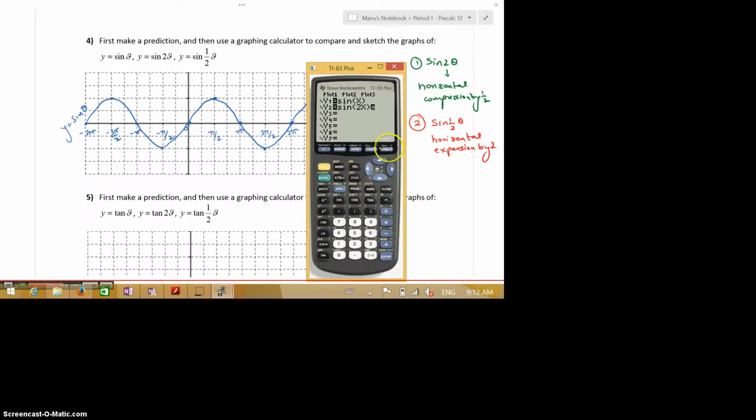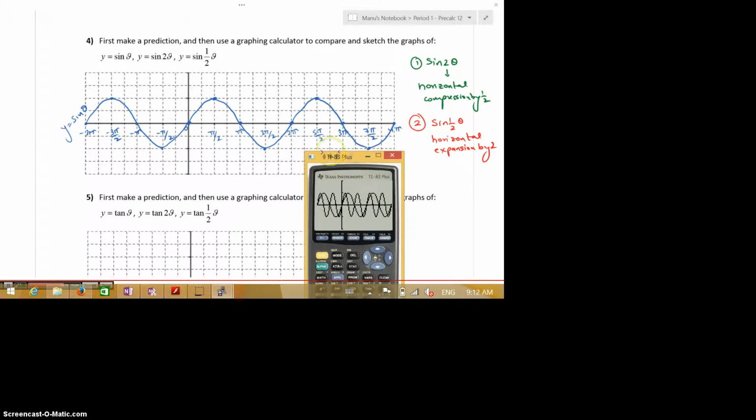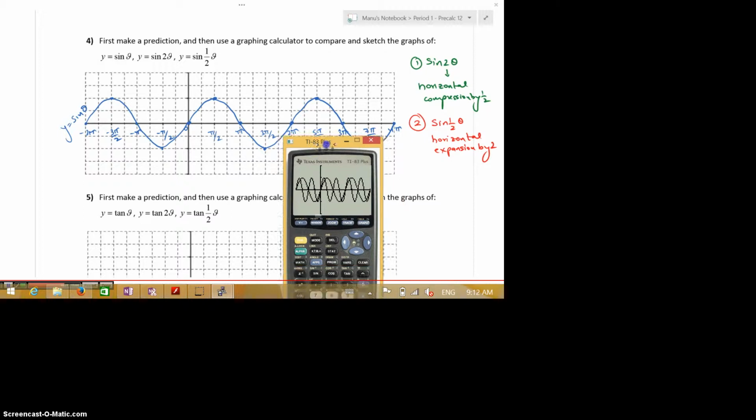Let's see if it in fact does. There you go. It's hard to see, but you'll notice that in the original function y equals sine theta, we can fit in two full rotations into our domain on the right hand side and one rotation into our domain on the left hand side.